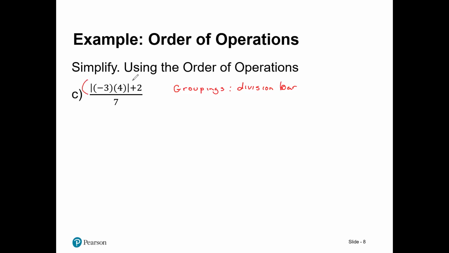So we get a grouping that is up here and a grouping that is down here. But we also get an additional grouping because we get a different color. We have this absolute value. So sometimes we have other operators that are going to make a group for us because this is an operator itself. We're doing an absolute value. You can kind of treat that as a grouping too.